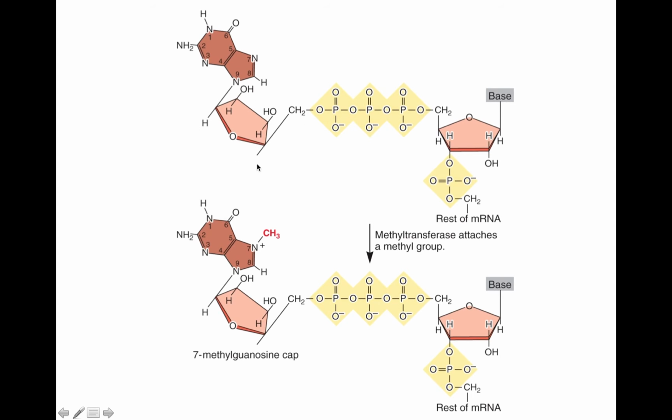Here's a new nucleotide being added. And finally, a little methyl group is added onto the 7 position to create the 7-methylguanosine cap. So here's the guanosine right here, attached by a triphosphate to the first nucleotide of the messenger RNA.